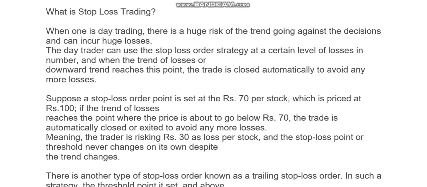What is stop loss trading? When one is day trading, there is a huge risk of the trend going against the decisions and incurring huge losses. The trader can use the stop loss order strategy at a certain level of losses, and when the downward trend reaches this point, the trade is closed automatically to avoid any more losses.